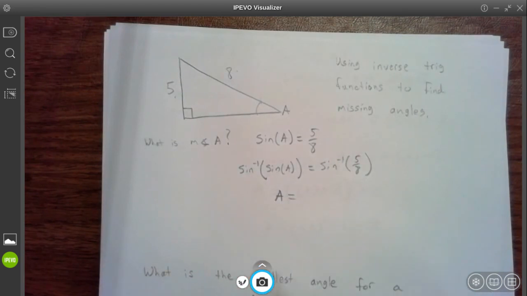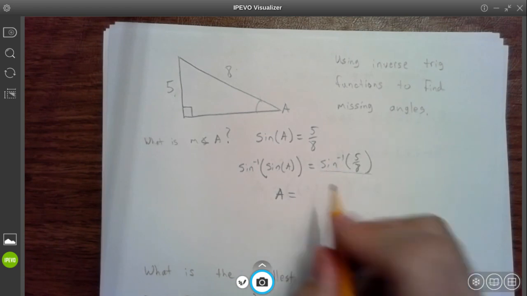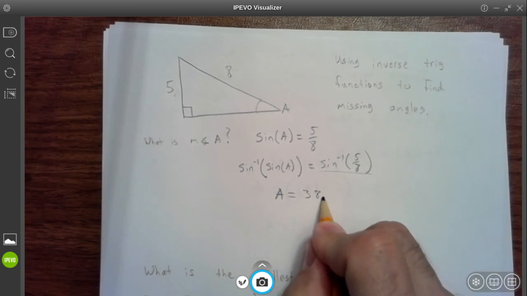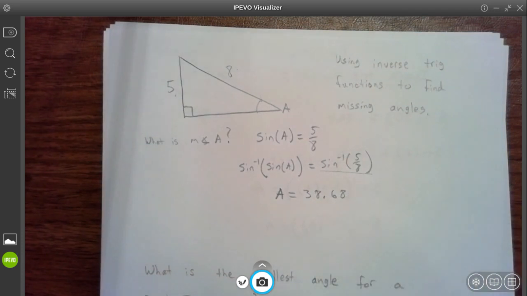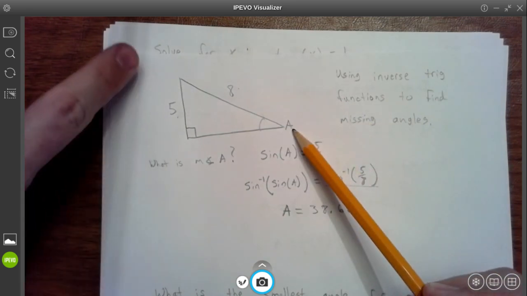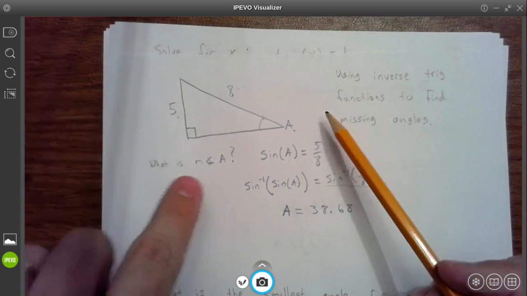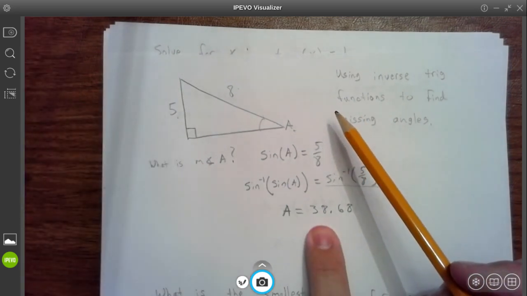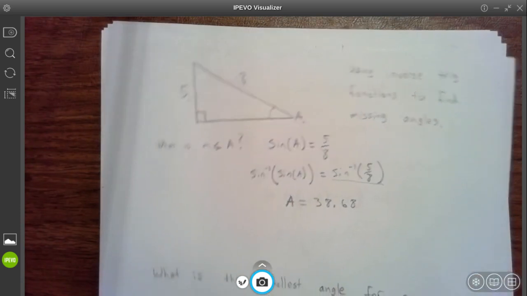So you get angle A is whatever this comes out to be, which was 38.682. Cool. And once you have angle A, if you for some reason wanted to know the other angle, just do 90 minus this, and that'll give you this missing angle up here if you needed it.